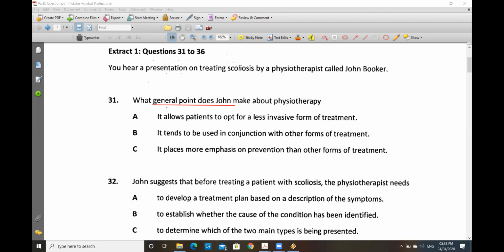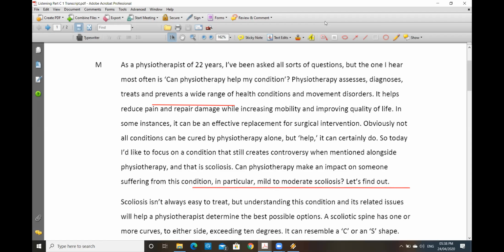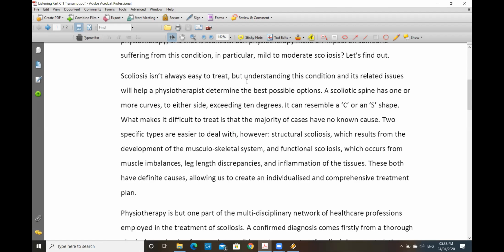Okay. Then the second one. John suggests what we should do before treating. Here, he was explaining how usually it is difficult to establish the cause, but in certain types of scoliosis, it can be determined. Basically, there was nothing about the symptoms as such.